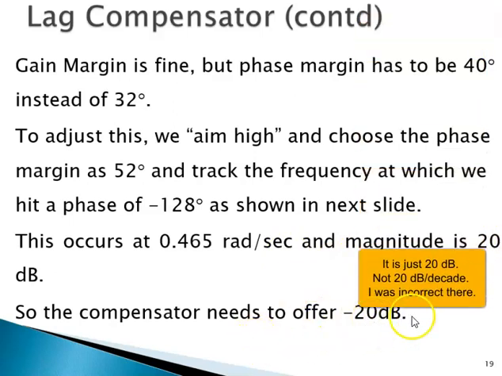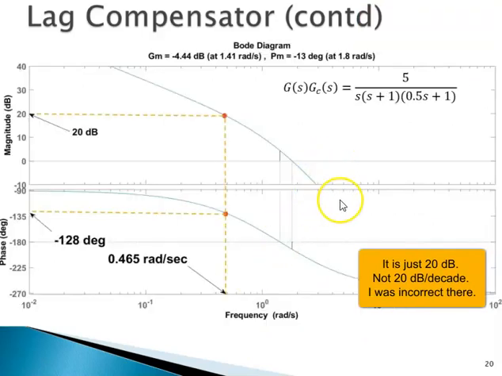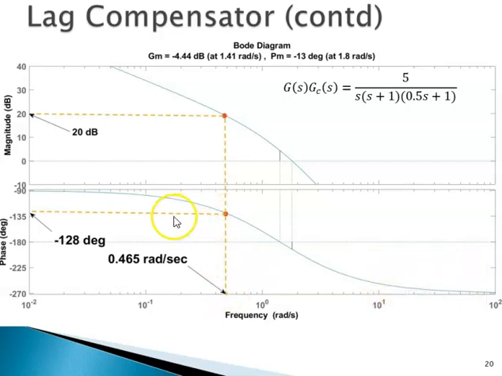So the compensator needs to offer minus 20 dB as shown here. At 0.465 radians per second, it is 20 dB. So you need to bring the curve down by 20 decibels. So the compensator needs to offer minus 20 dB.